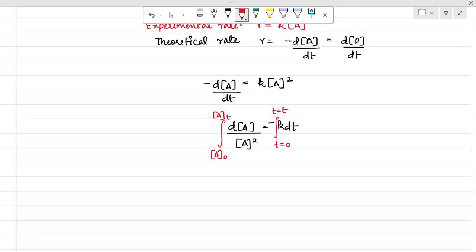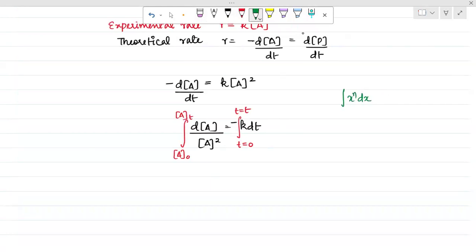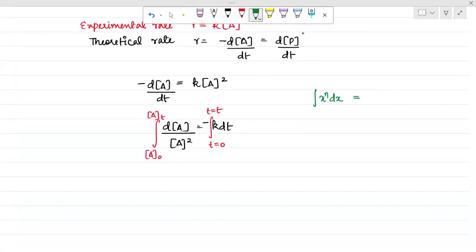Now, what is the integration of dA by A squared? Coming back to the basics, we know that the integral of x to the power n dx is equal to x to the power n plus 1 by n plus 1. Here what do we have?